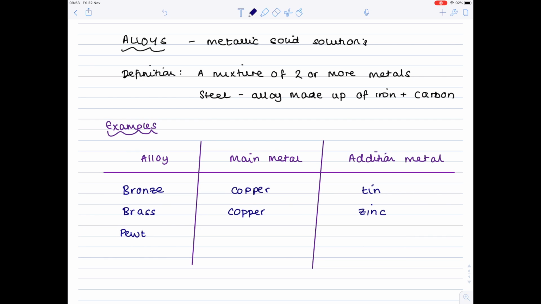Pewter, well, this is principally made up of tin, but contains other combinations of metals including copper, antimony, bismuth or lead.